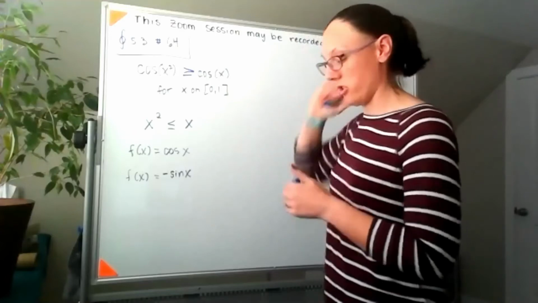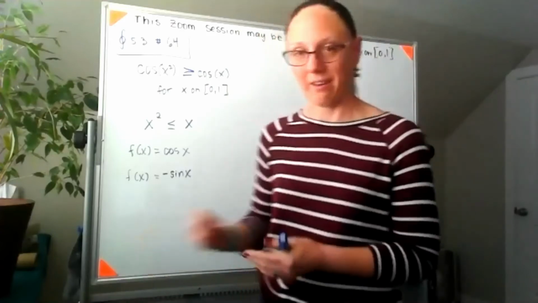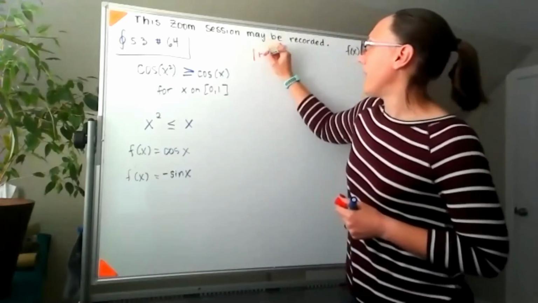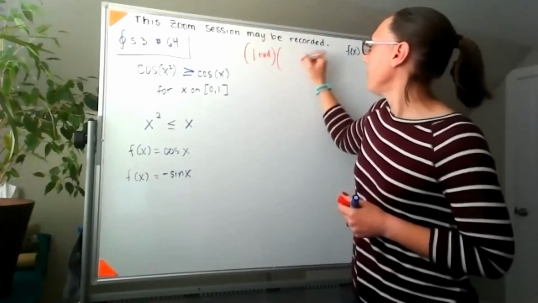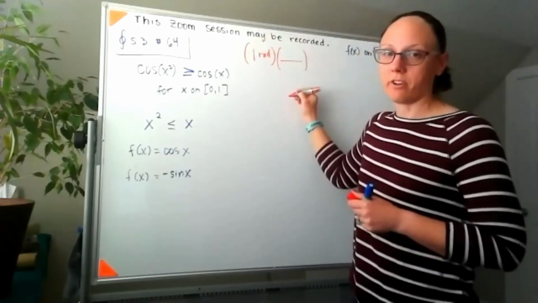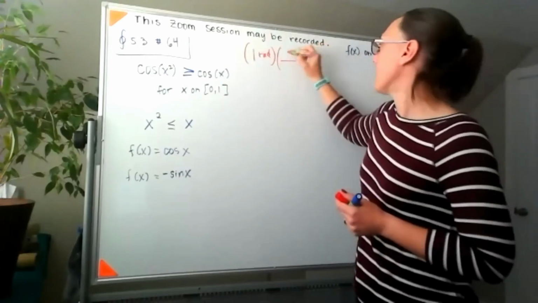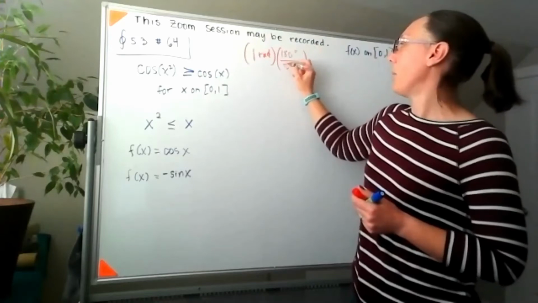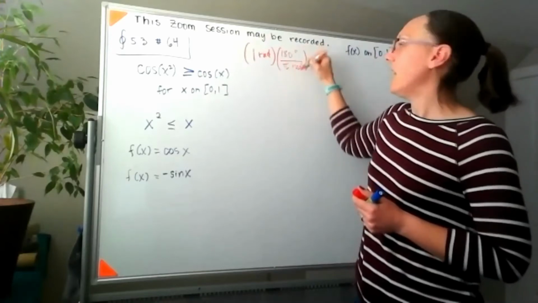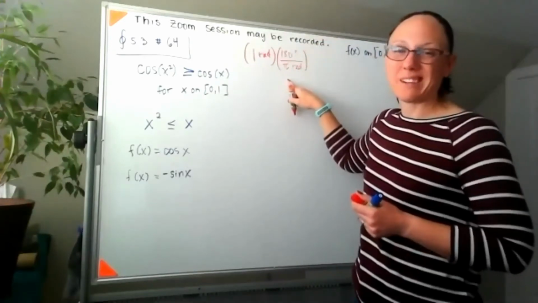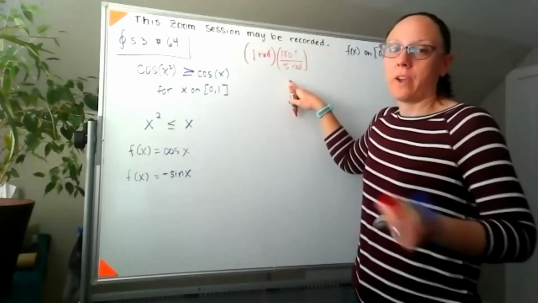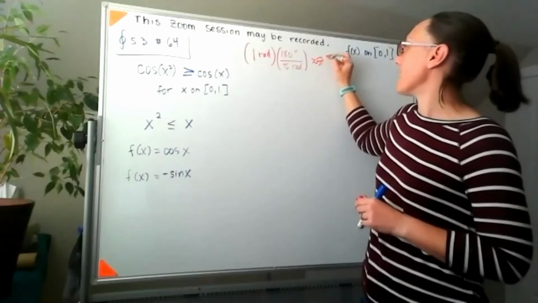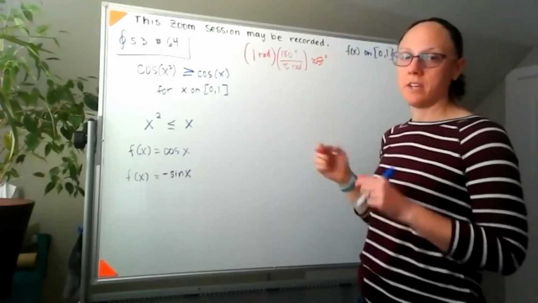And to show where I got that 57-ish degrees, if I wanted to convert 1 radian to degrees, that's 180 degrees per pi radians. And 180 over pi is a little bit less than 3 times 20. So if you put this into a calculator, you're going to get about 57 degrees.